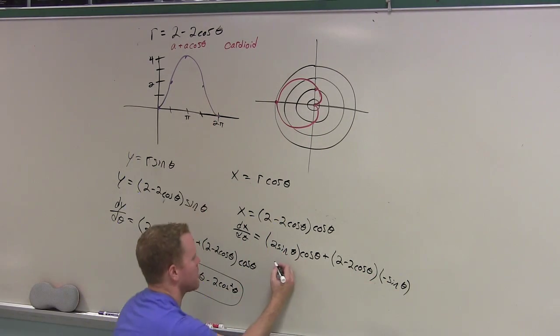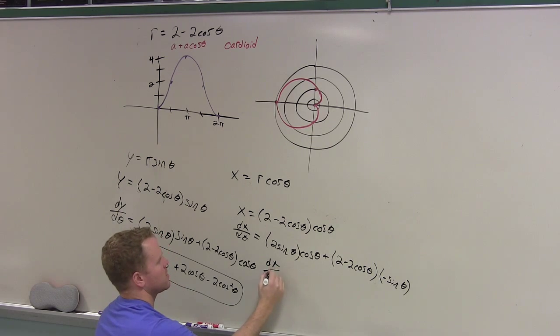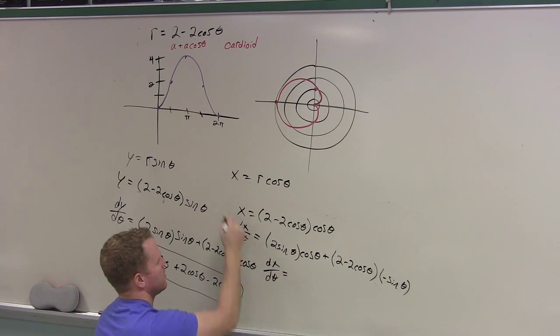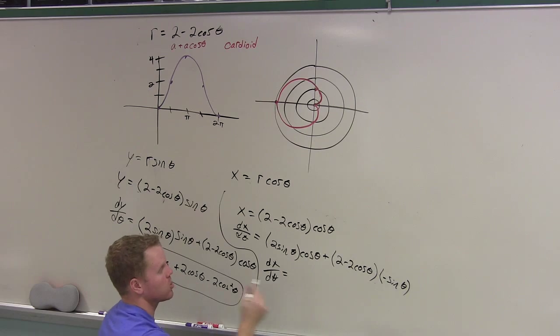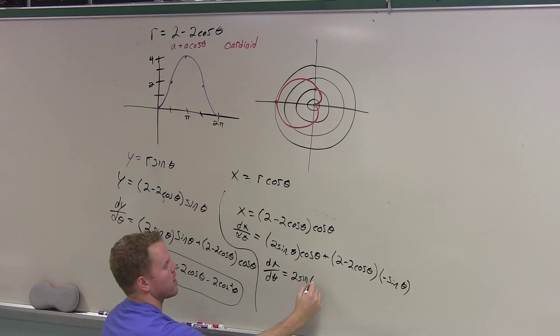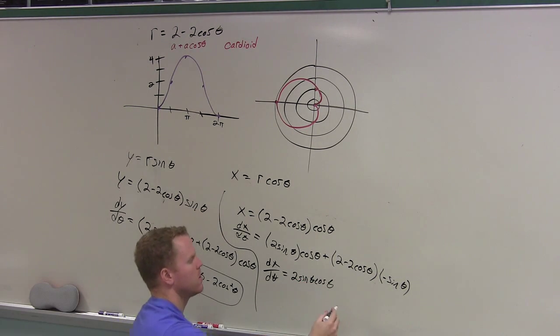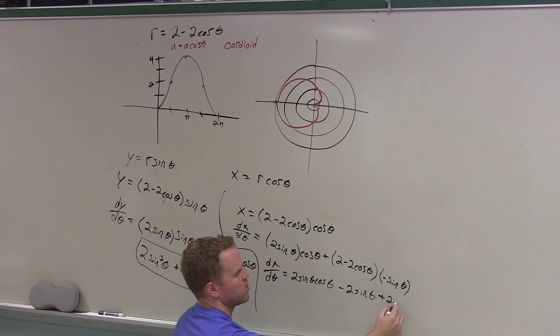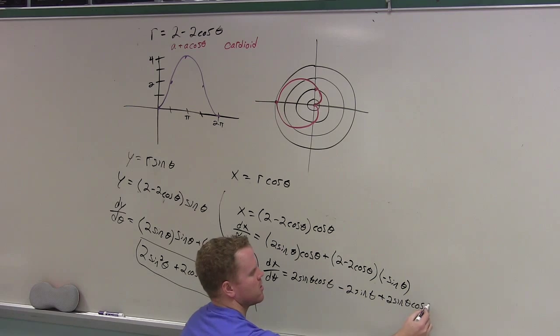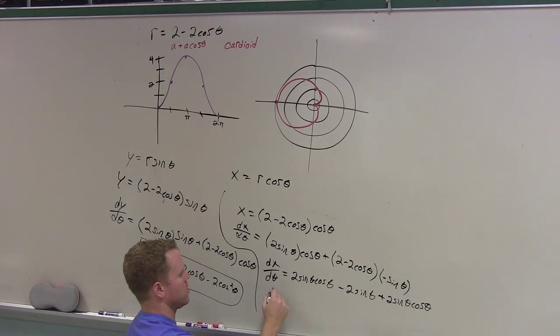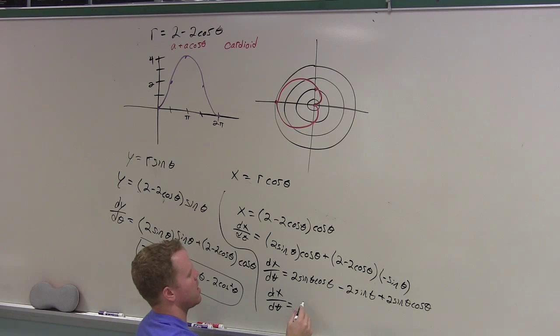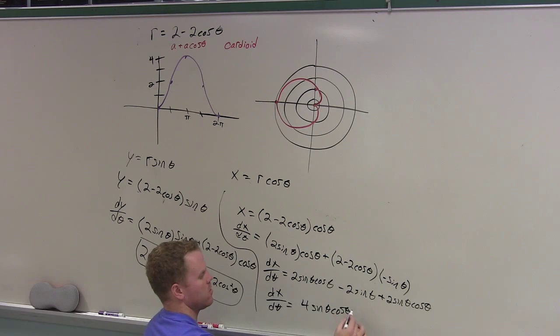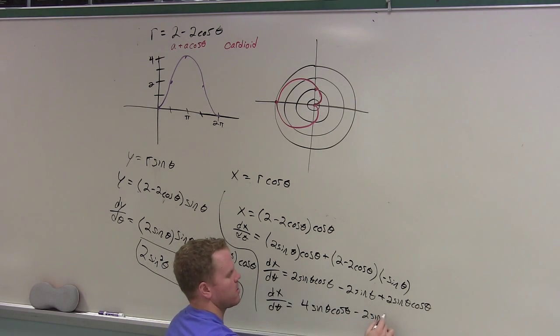So we eventually wind up with dx/d theta equal to 2 sine theta cosine theta minus 2 sine theta plus 2 sine theta cosine theta, or dx/d theta is 4 sine theta cosine theta minus 2 sine theta.